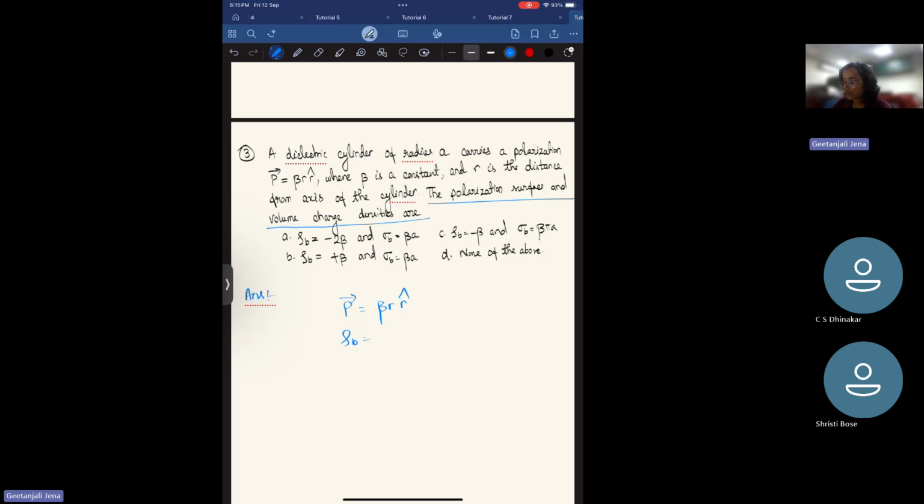Recall the formulas for rho B and sigma B. For cylindrical coordinates, recall the formula for divergence, curl, or gradient, and use that standard notation to find the answer.